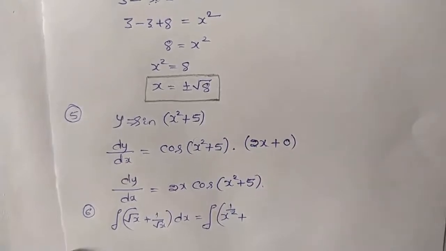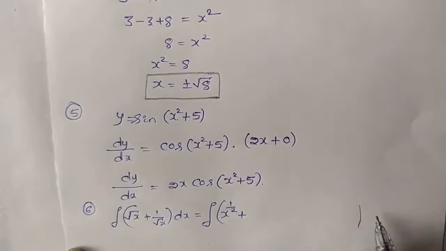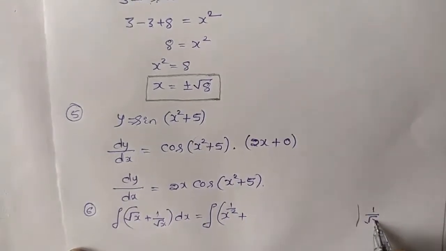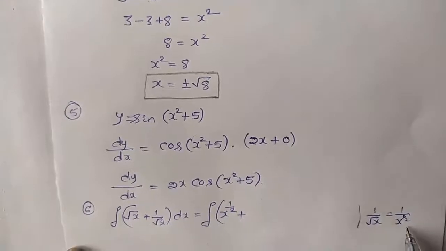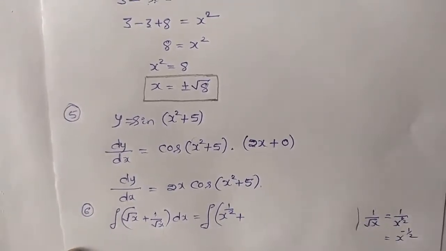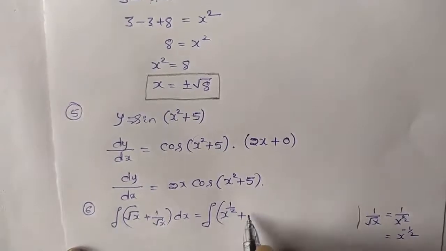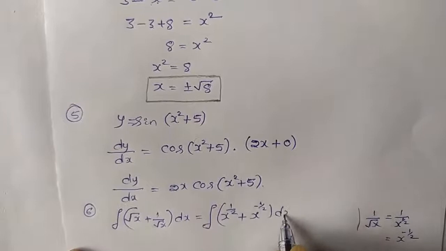You just recall the concept of surds. 1 by root x is nothing but 1 by x power 1 by 2. It can also be written as x power minus 1 by 2, into dx.